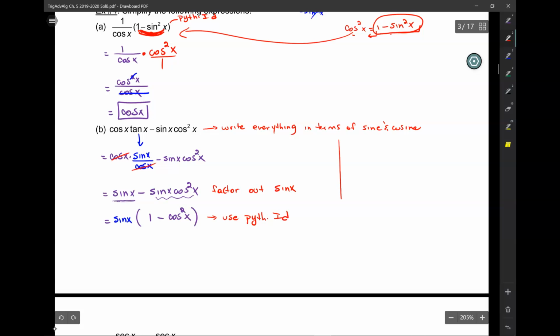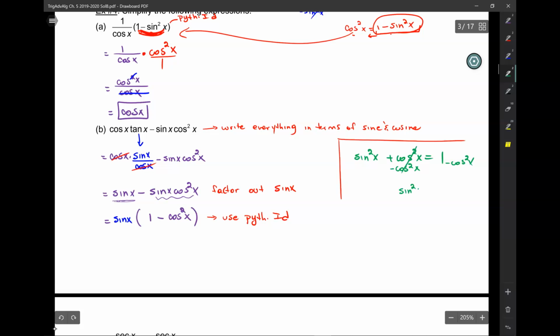So let's see which one we're going to use. I'm going to do it in green this time. So sine squared x plus cosine squared x is equal to 1. Now at this point, I want to make it look like 1 minus cosine squared x. So let's see what we can do. Let's just subtract cosine squared x, see what we get.